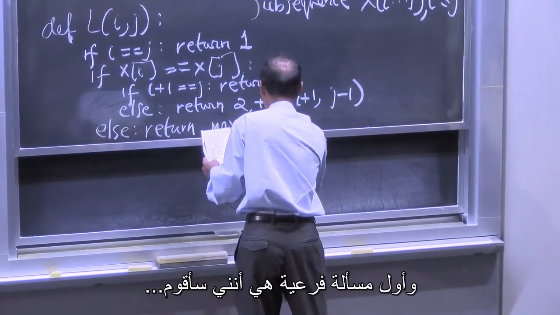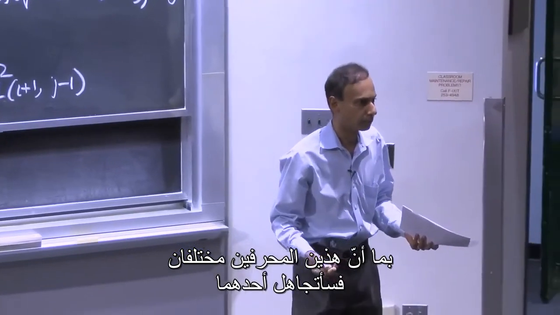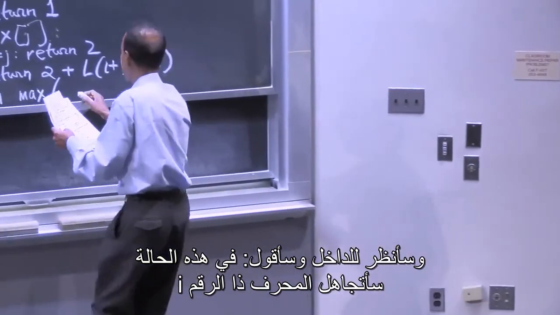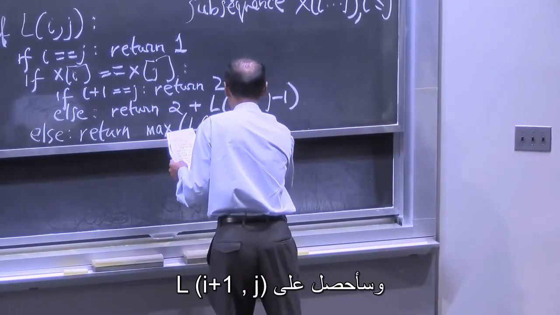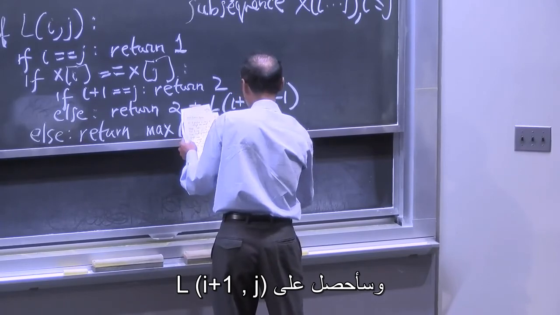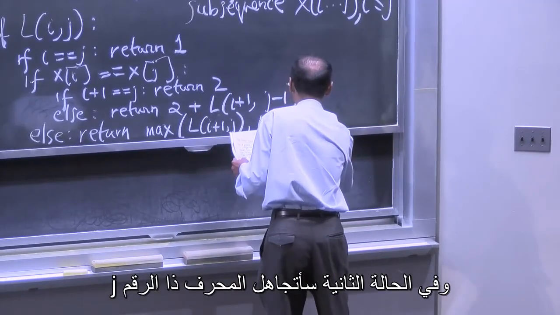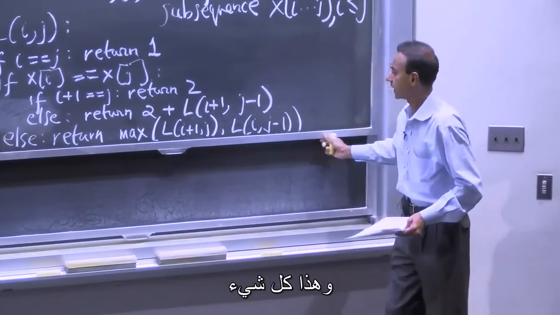The first subproblem is, since these two letters are different, I'm going to have to drop one of them. I'm going to drop the ith letter, and I'm going to get L i plus 1, j. And in the second case, I'm going to drop the jth letter, and I'm going to get L i, j minus 1. And that's it.